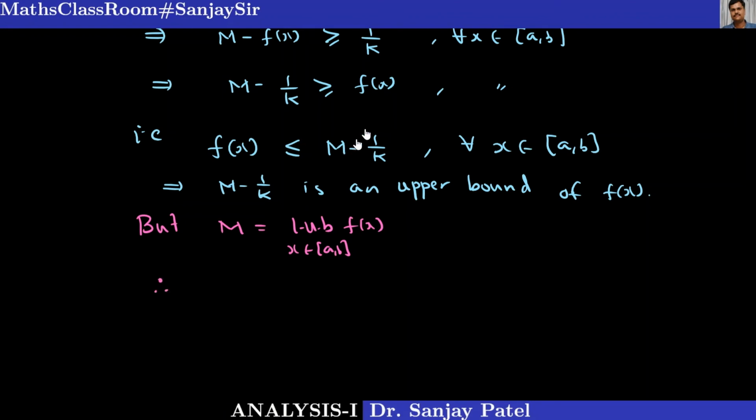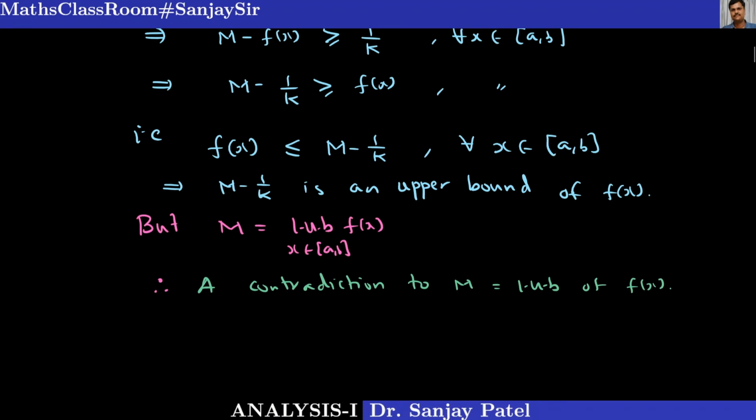Therefore it's a contradiction, a contradiction to the fact that M is the LUB of f(x).